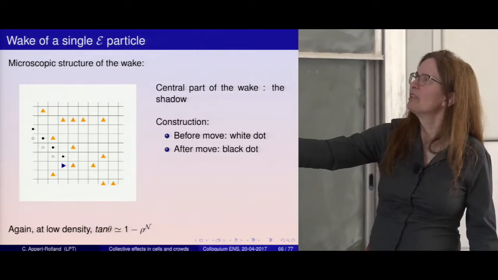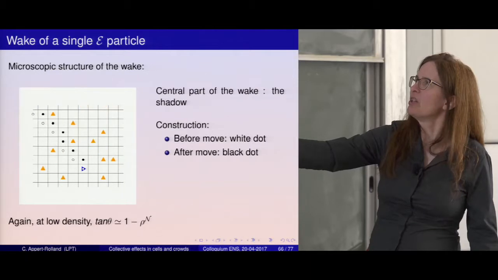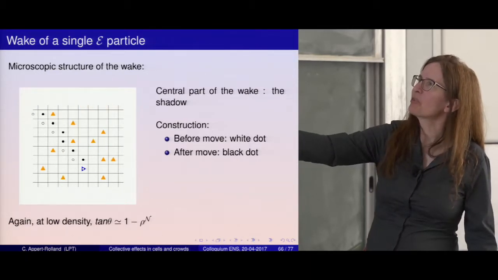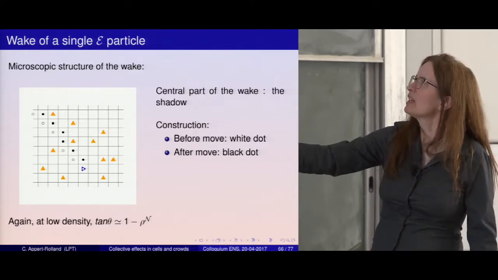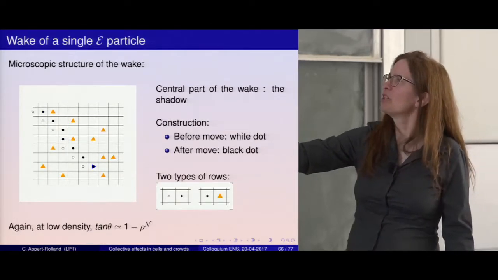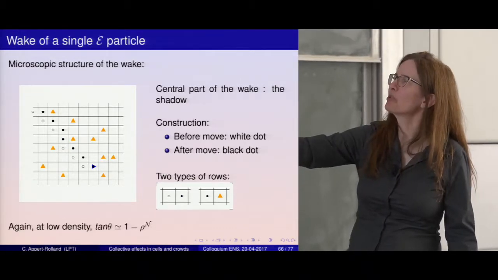When it's blocked, well, then you have only one, it occupies only one cell, and then it goes on. So you start to see again this structure with diagonals and kinks when there is a yellow particle. And OK, you can describe this. You have two types of rows, either 2 points or 1 point plus a yellow.